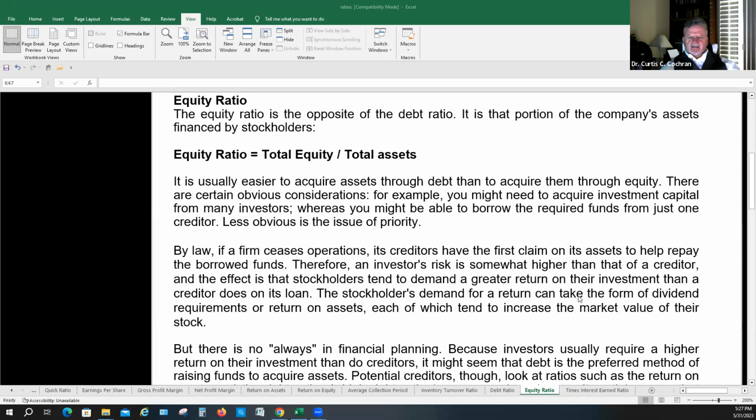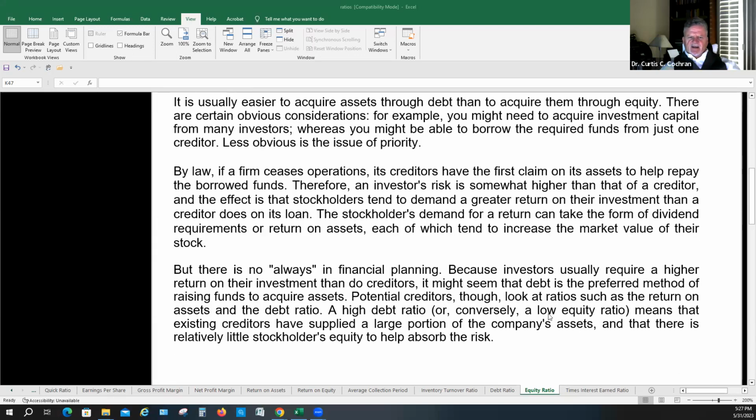And the effect is that stockholders tend to demand a greater return on their investment than a creditor does on its loan. The stockholders' demand for a return can take the form of a dividend requirement or return on assets, each of which tends to increase the market value of their stock.